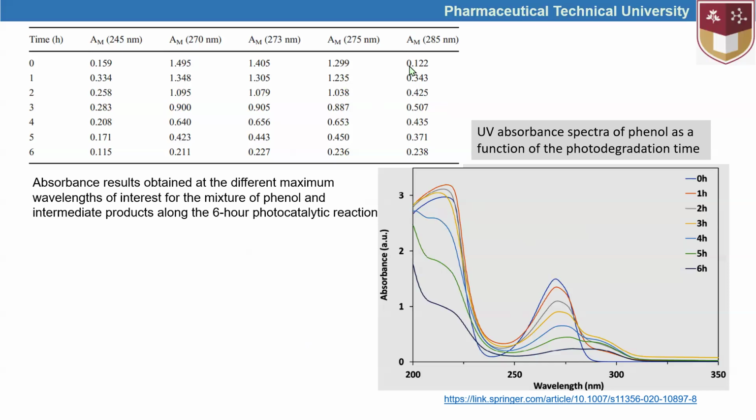At the zero point it is around 0.122, and then it increases and lowers, but the last point after 6 hours is still higher compared to the zero point. So based on this kind of comparison, we can find out about photodegradation by using the UV-visible spectrum.